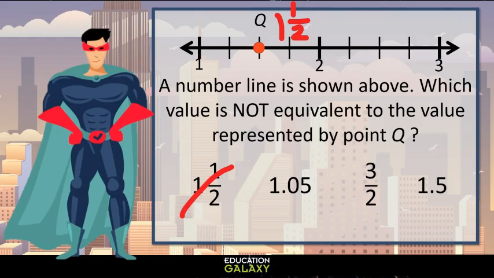The last one, 1.5, or 1 5 tenths, is just 1 1/2 written as a decimal. 3/2 is 1 1/2 written as an improper fraction. That leaves us with this one, 1 5 hundredths, which simplifies to 1 1/20th, which is not equal to 1 1/2. So bam! There's our answer.